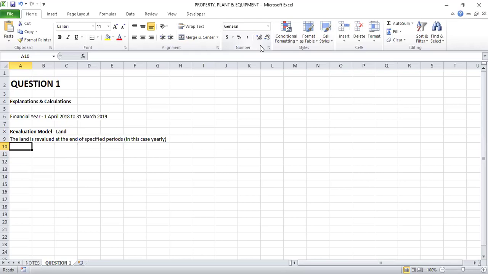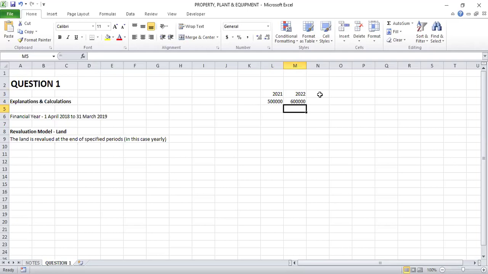Right, maybe to put it into perspective, let's say our land was 500,000 when we bought it in 2021. Then in 2022, the person who revalues it says it's now 600,000. The revaluation will be 100,000, which will go to revaluation surplus.